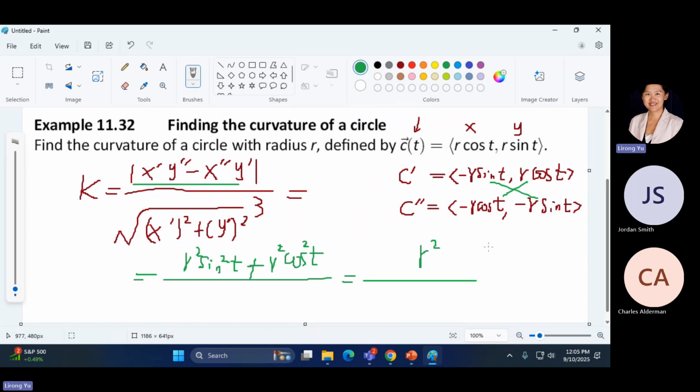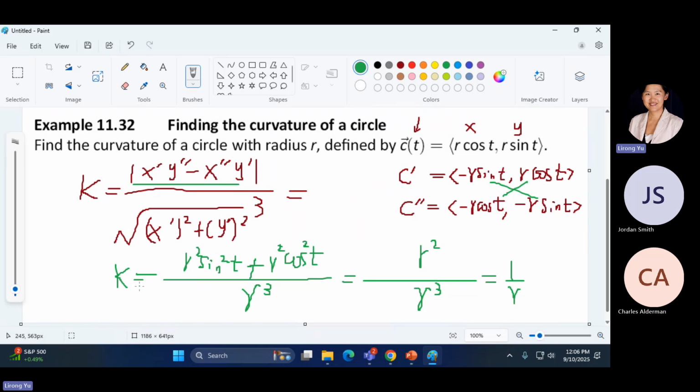The square root equals r. So the denominator is essentially r cubed. Then this is really r squared over r cubed, which equals 1 over r. So that's our curvature: 1 over r.